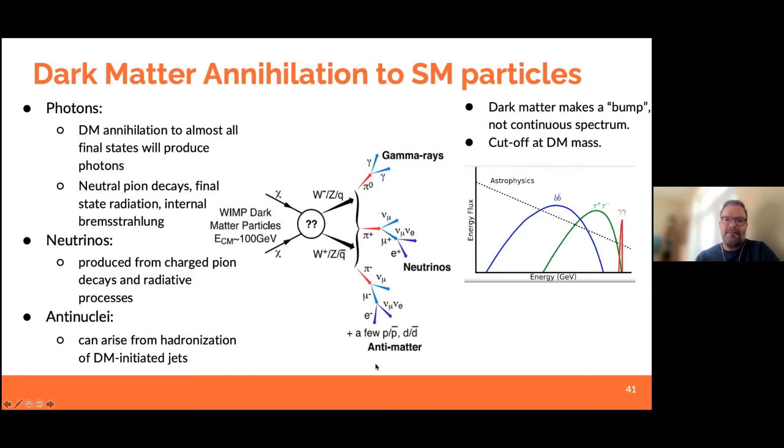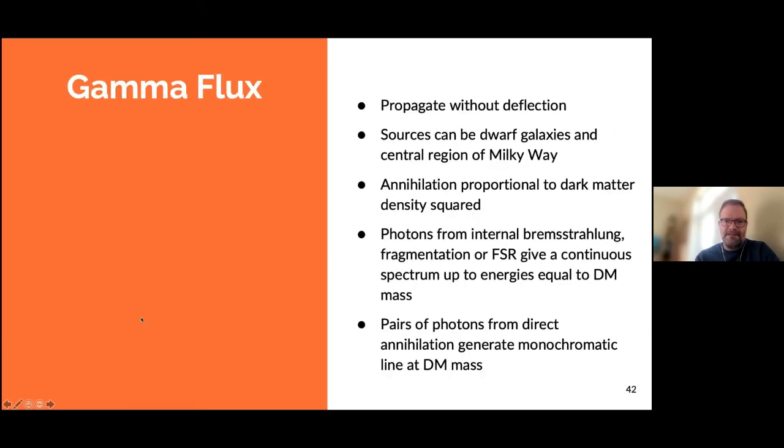So in that sense, it's nice, but the challenge is this figure here on the right is not to scale. Typically this dark matter is really just a small bump on a large background, and it's quite difficult to find. So I'm going to give some examples of these photon, neutrino, and anti-nuclei searches, and we'll see what the status there is.